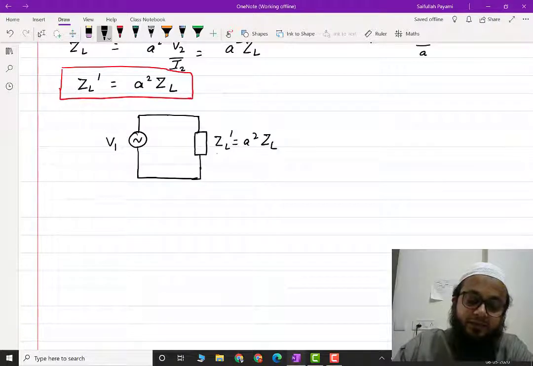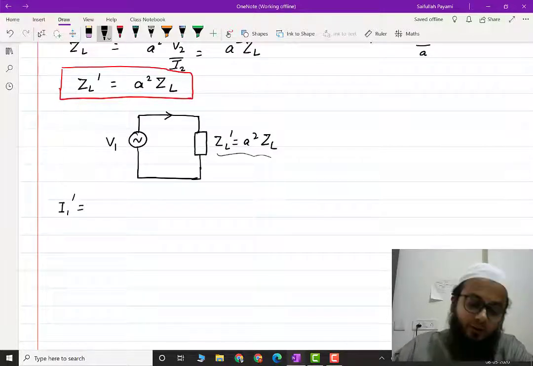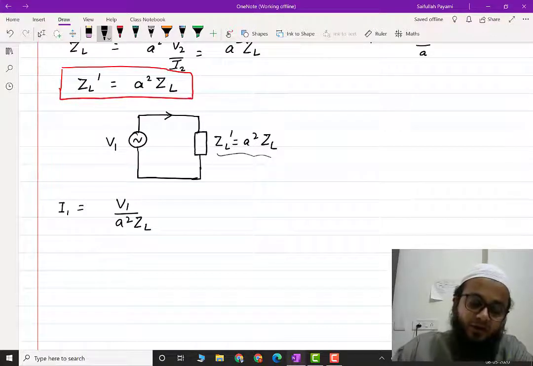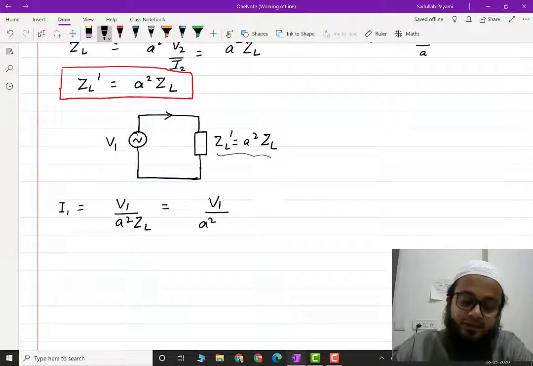So this impedance will actually force the current to come out of the source. Let's say that current is I1, which would obviously be V1 by this impedance ZL dash, or A square times ZL. If you cross check it, this is V1 upon A square into ZL, and we have already said that ZL is V2 by I2.